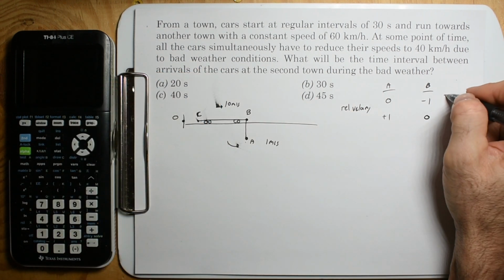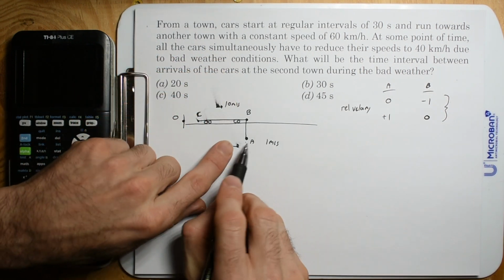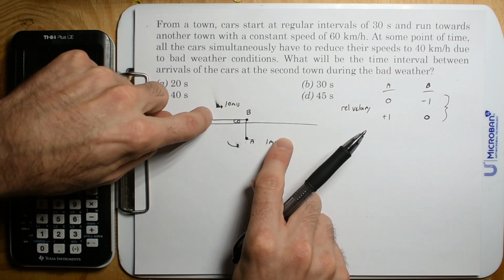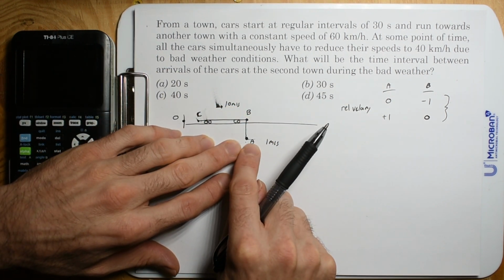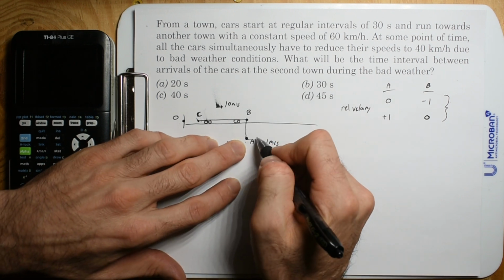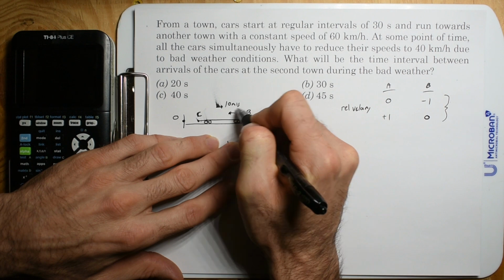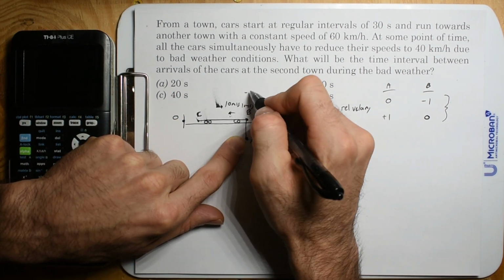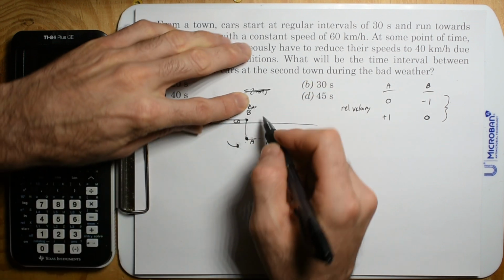So those are the two scenarios I can have. I can't have one going 1 meter per second and the other one going 1 meter per second the other way, because then you wouldn't perceive that. If I was going 1 meter per second this way and this was going 1 meter per second that way, seen from A, it would look like that's going back negative 2 meters per second. So that's the scenario that we don't have.